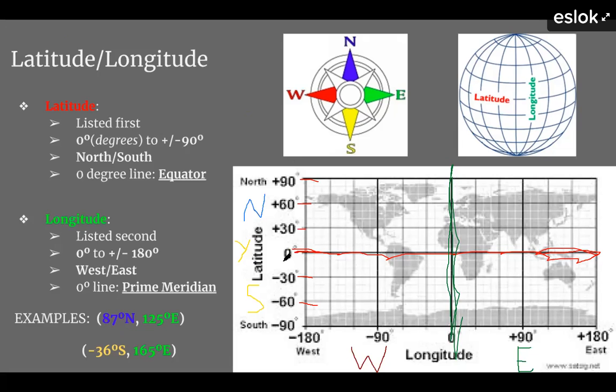So 87 will probably be somewhere around here. I'm not going to be too accurate for now. I'm also looking for 125 degrees east. I know I have to be over here, but that's west, so I need to move it over to this side. So I'm in both the northern and eastern hemispheres.